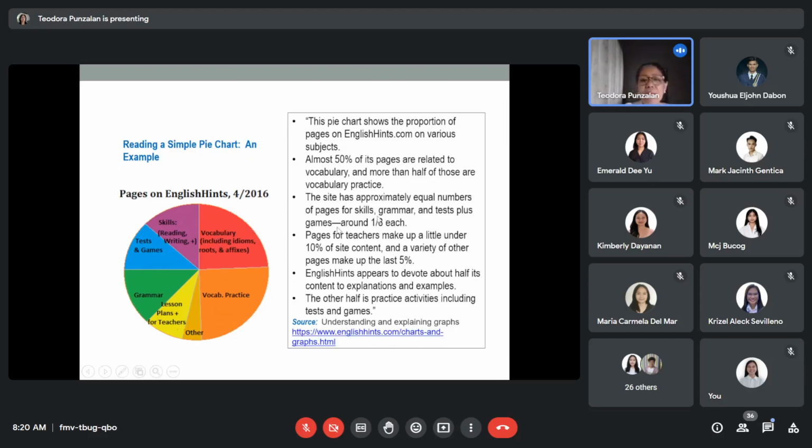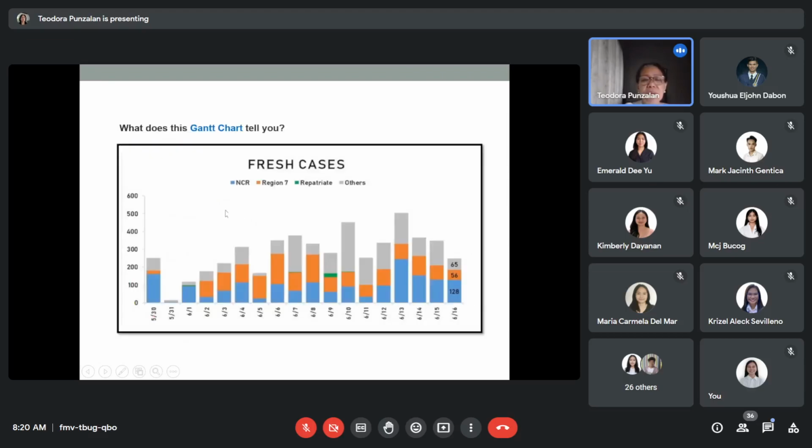Okay, now let's go to this one. This is a Gantt chart. So look at this. And by the way, this is a nicely done Gantt chart, so summarized, presenting the first cases of these four places or locations or categories. Okay? And this is time series data.